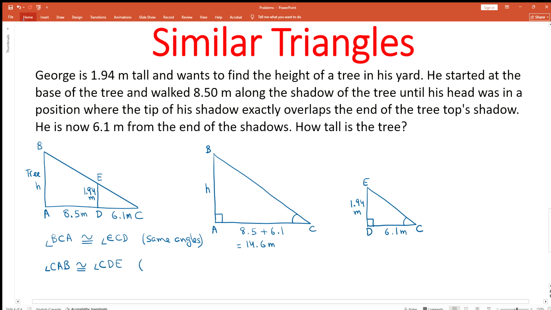The reason is they are right angles. Therefore, as per the AA rule of similarity, triangle ABC is similar to triangle DEC. The reason is AA similarity rule.